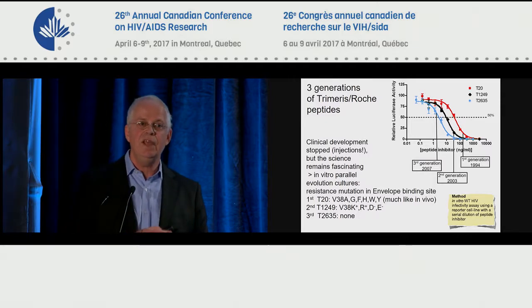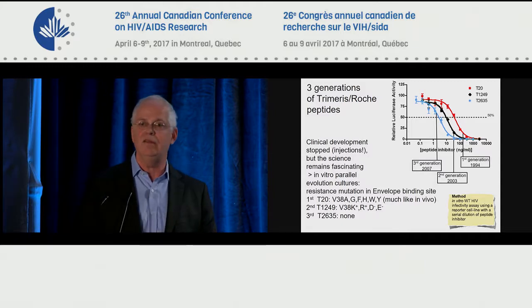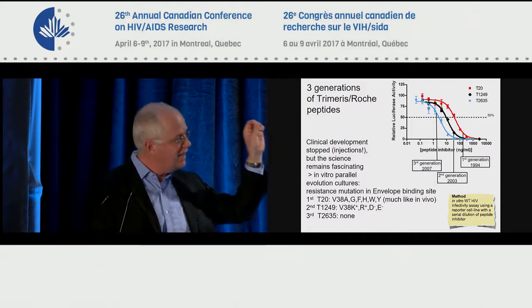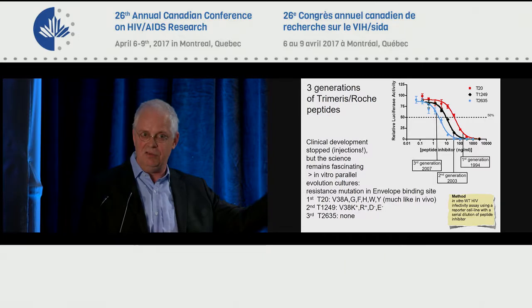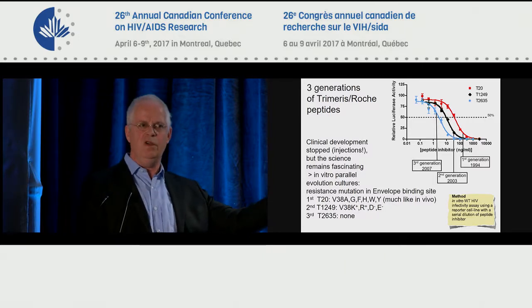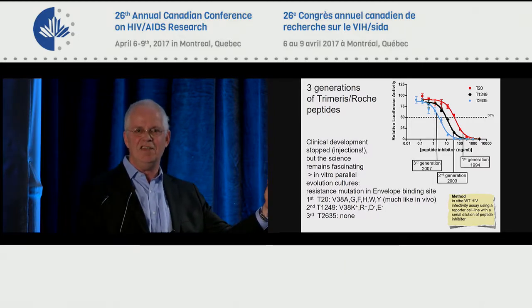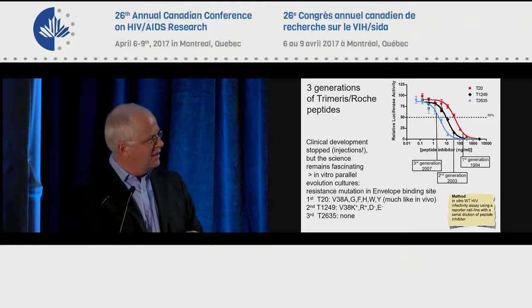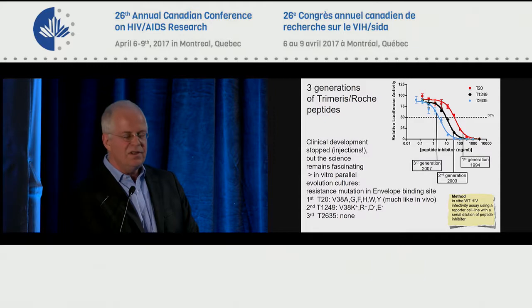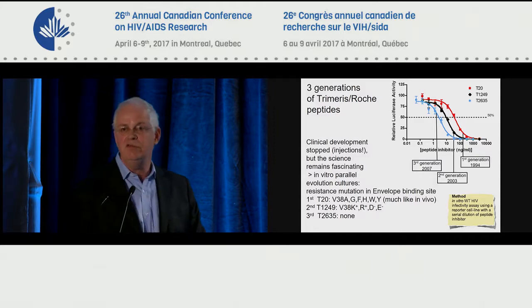Then we came in with the 2nd generation peptide, and again we see the response at exactly the same amino acid residue. But what struck us is that you always get selection of a different amino acid. And here it seems as if you need a charged residue, all the charges are there, whereas here apparently it doesn't matter what's inserted, you always get resistance.